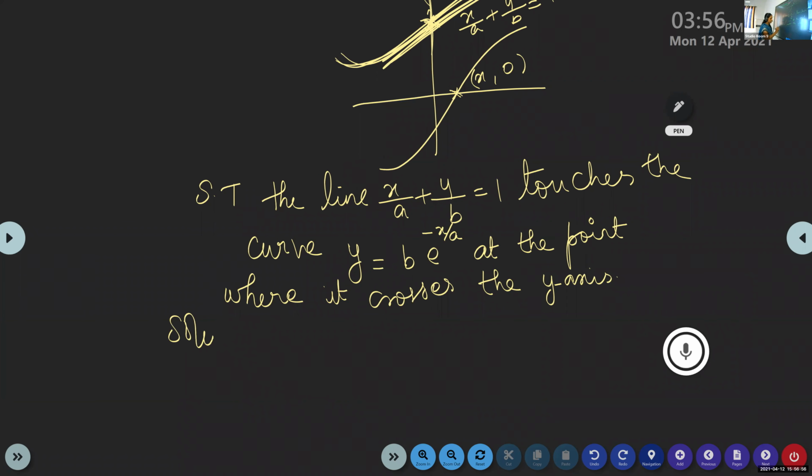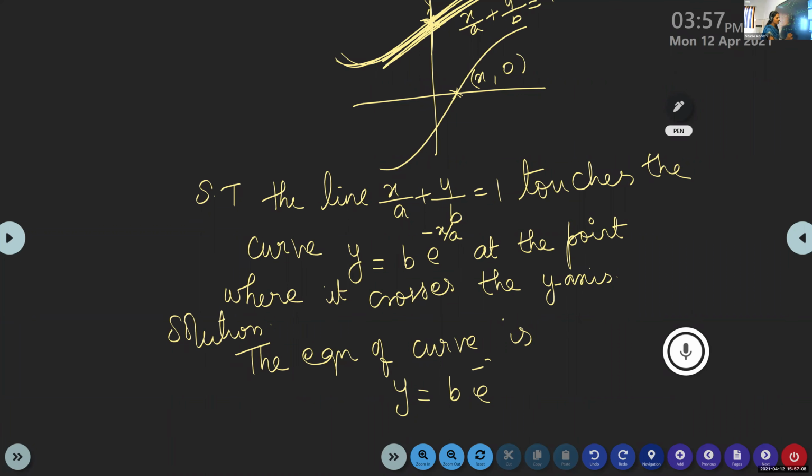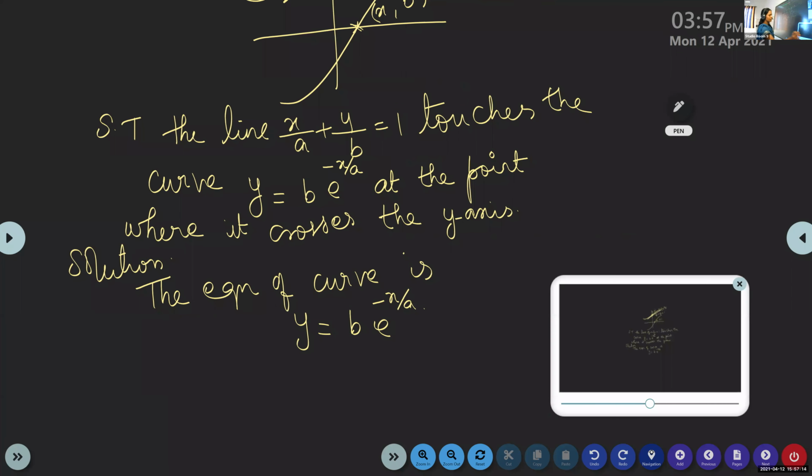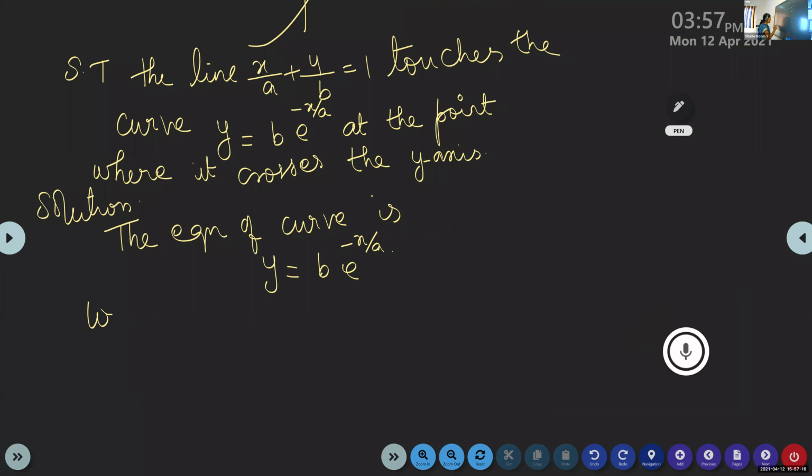Solution. The equation of the curve is y is equal to b into e raised to minus x by a. When the curve crosses or cuts the y-axis, what do we know?